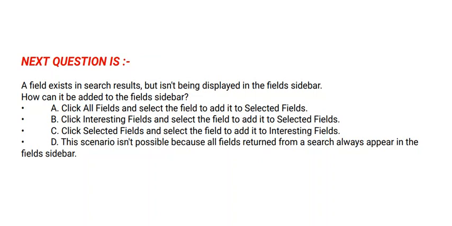Option C, click selected fields and select the field to add it to interesting fields. And option D, this scenario is not possible because all fields returned from a search always appear in the fields sidebar. The correct option is option A.